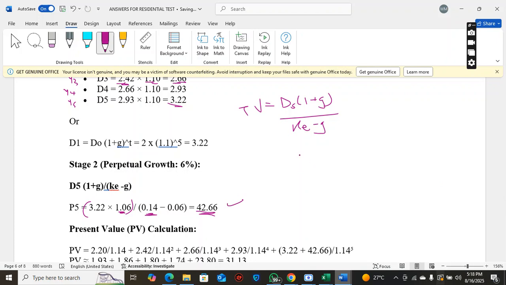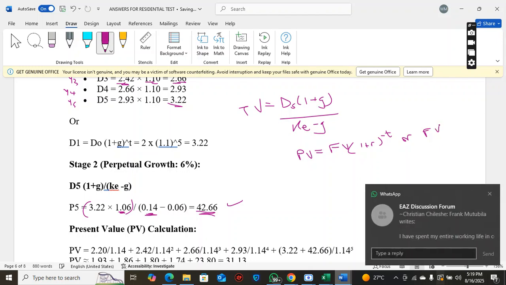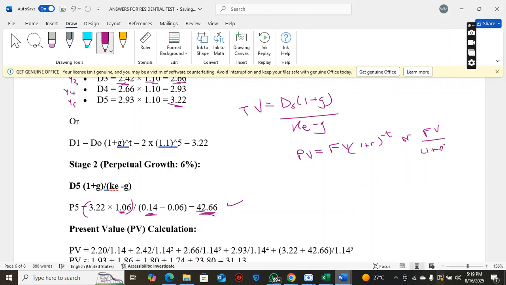So remember, present value equals future value multiplied by 1 plus r to the power negative t. Or it can be future value over 1 plus r to the power t.